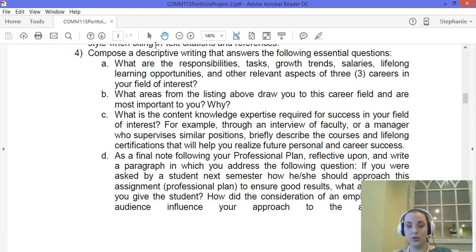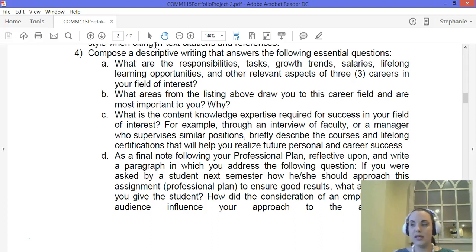So you would see all the responsibilities there. That's a piece of research that you found, so you're going to provide a reference to that in your paper. You're going to talk about the tasks that that person would have to complete each day. What do they have to do?